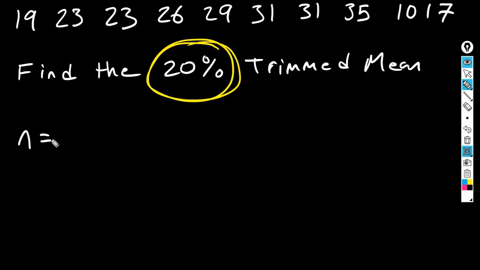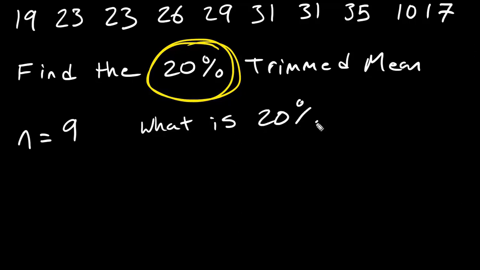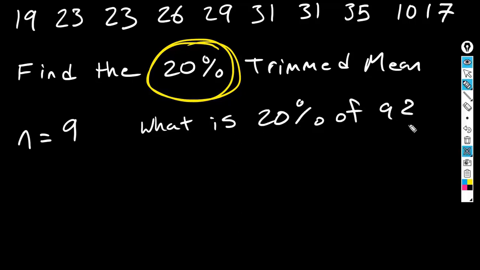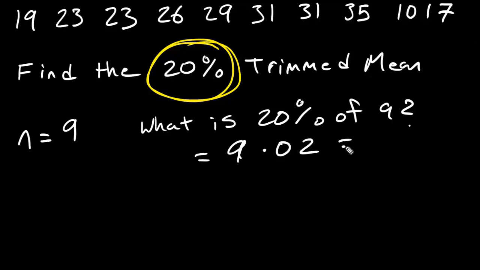To do that, we need to find the sample size. We've got 1, 2, 3, 4, 5, 6, 7, 8, 9, same as before, luckily, because we're using the same data set. So what is 20% of 9? We just need to do 9 times 0.2.